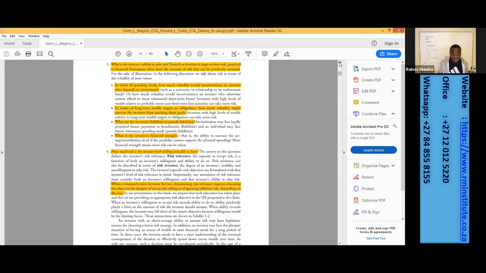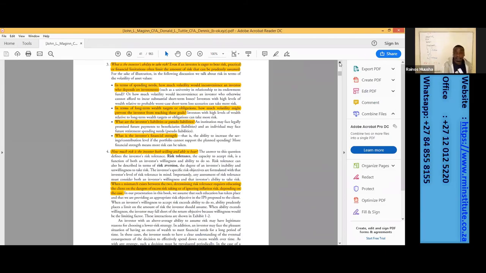And remember what we said, the willingness to take risk usually is going to be given as a note, saying that because of previous experiences, the investor is very much wary of taking on risk, or they are afraid of losing value when the market fluctuates quite a lot. Because of that, you're going to be able to see ideally what the willingness to take risk of the client would be.